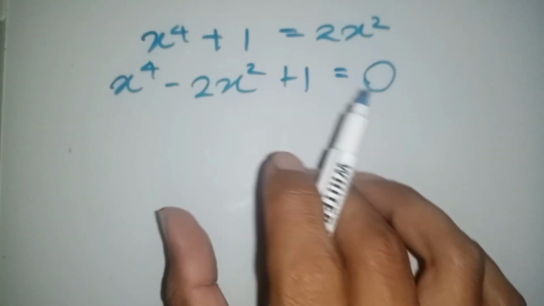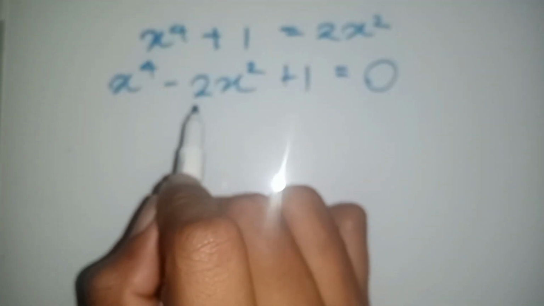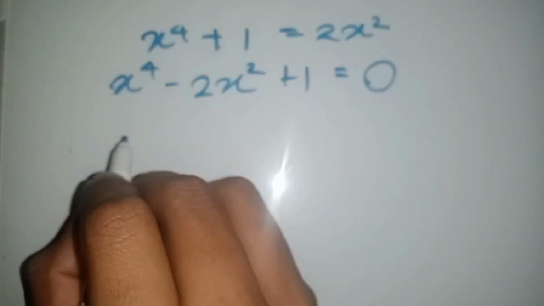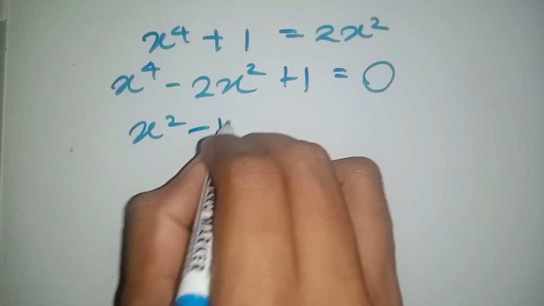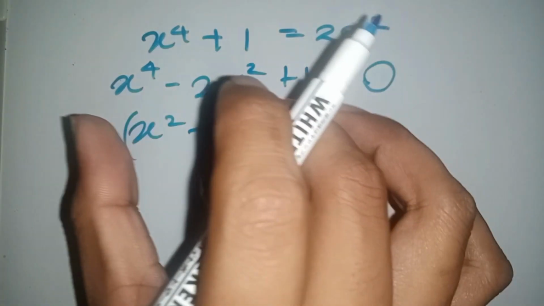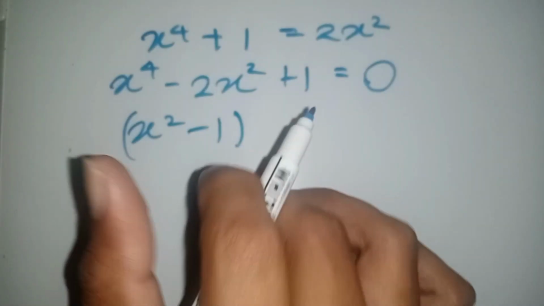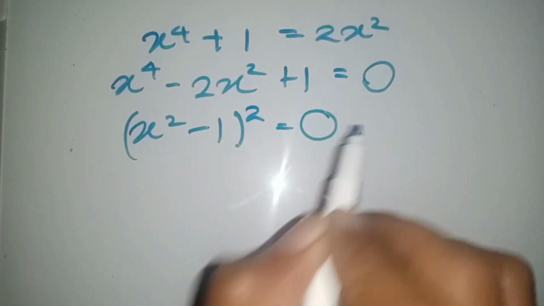Then I can rearrange this expression according to some basic theories like this: (x second power minus 1) in brackets, total second power, equals 0.